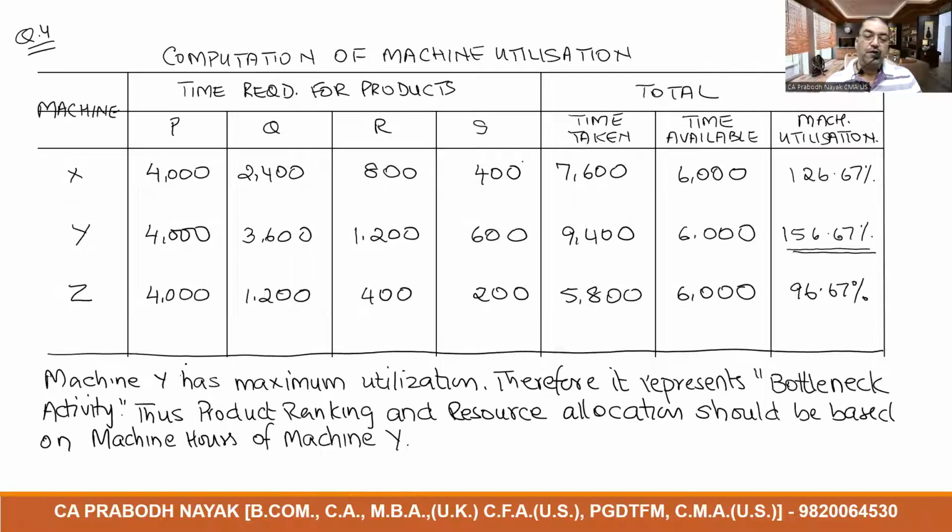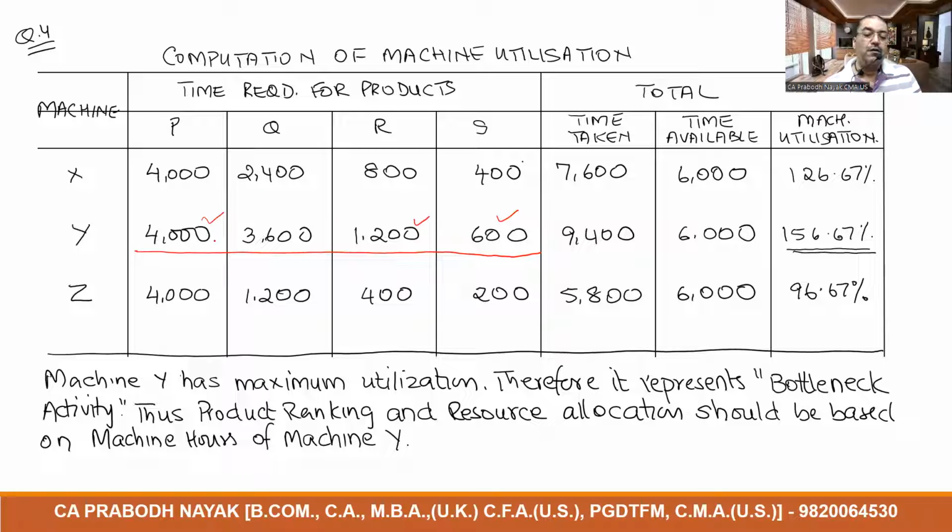Let us see the first statement. If I look at machine Y, this 600 hours fully I will utilize for product S. I'm producing S first, so entire 600 hours for S will be going. Second, I'm producing R, so I will consume entire 1200 hours. Third, I'm producing P, so entire 4000 hours.